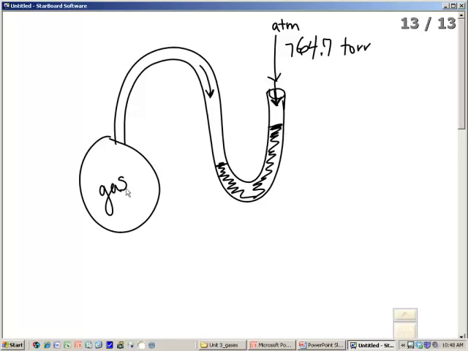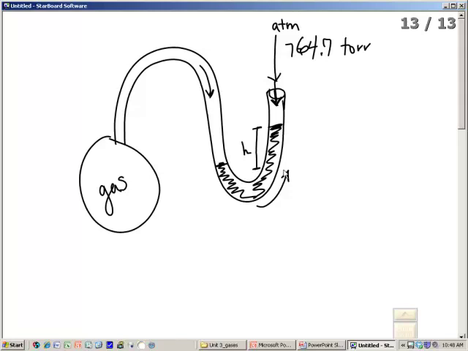So whatever this gas is doing, it must be pushing harder than the atmosphere is, because look, it's higher on the open side than it is on the other side. So here is your h. And this gas must be exerting a larger pressure than the atmosphere because the mercury is pushed over towards the atmosphere. All right, so all we need to do is just figure out the height difference, which is pretty simple.